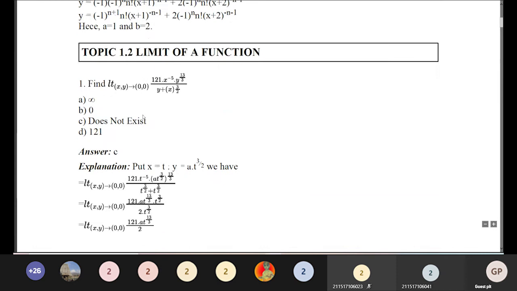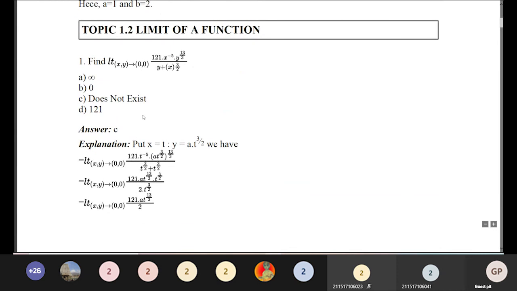Now limit of a function, we discussed the limit of a function. When x comma y tends to 0 comma 0, what is the result? Option A, B, C, D. Put x is equal to t, y is equal to a t cube for our convenience. It will be 121 t power minus 5, a t power 3 by 2.